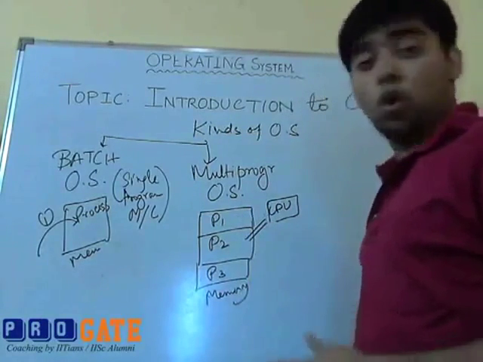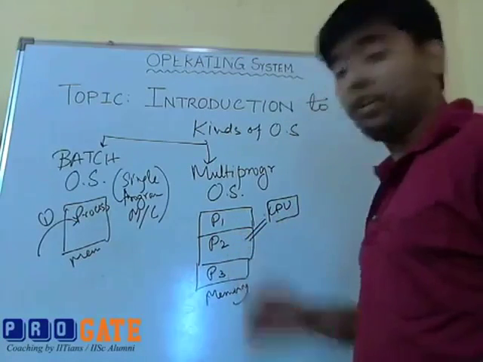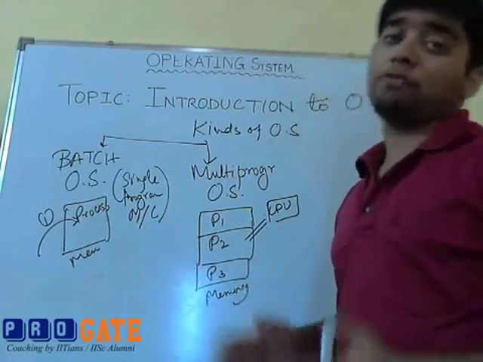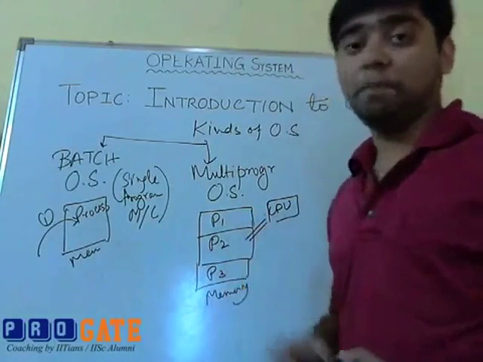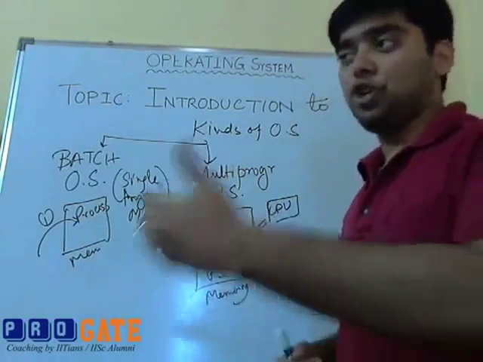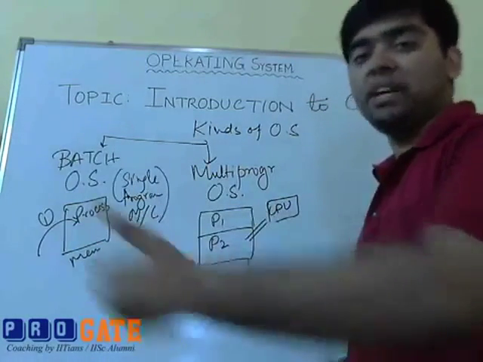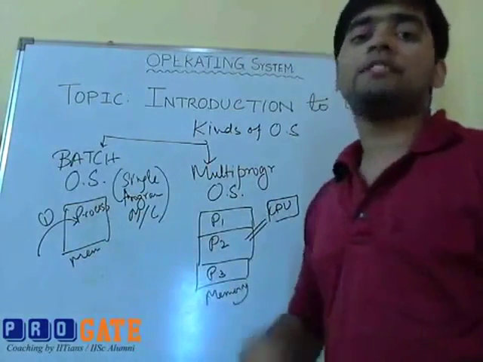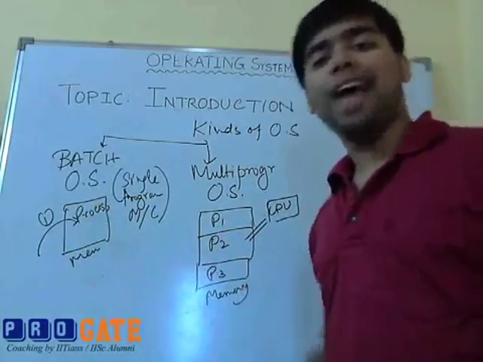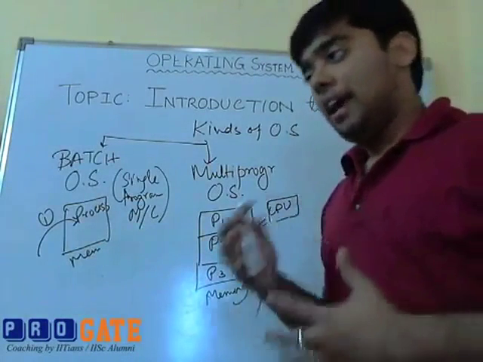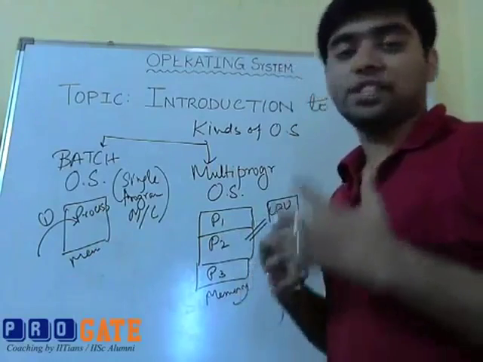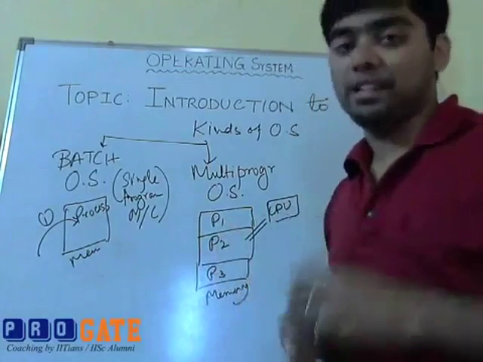Hence, even though you have given P2 and P3 to execute, they would have to wait for a long time for P1 to release the CPU. Hence, to the user who is running P2 and P3, it would look as if P2 and P3 programs have hanged. That is, the programming environment of the system will not be very interactive.